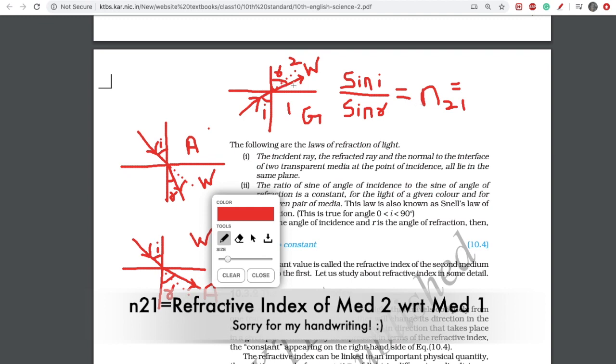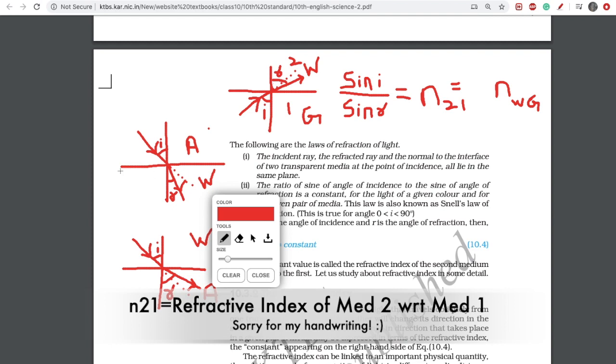Here, 2 is always where refraction is happening, so 2 is water and 1 is glass. So here, the refractive index of water with respect to glass is equal to sin i by sin r.